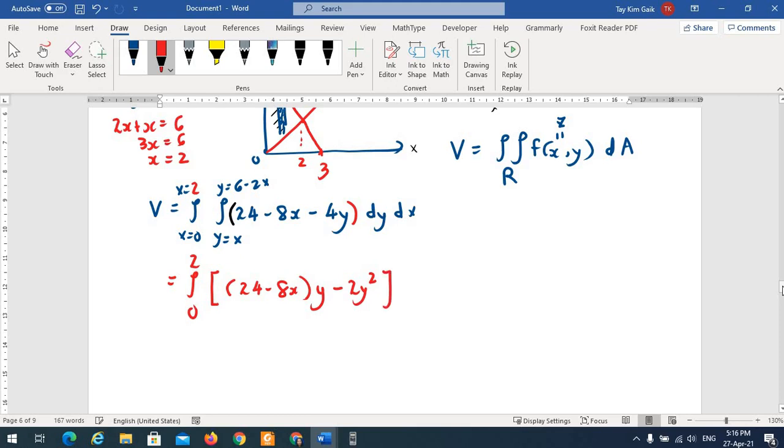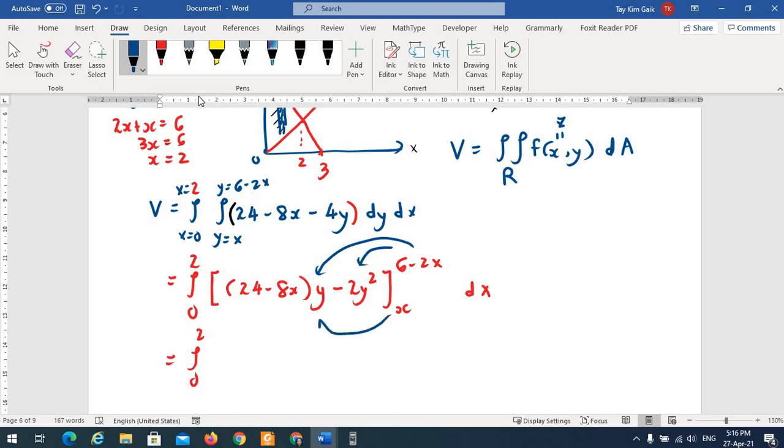You put in the limits from x up to 6 minus 2x, and x is from 0 to 2. When you integrate with respect to y, make sure you plug into y.